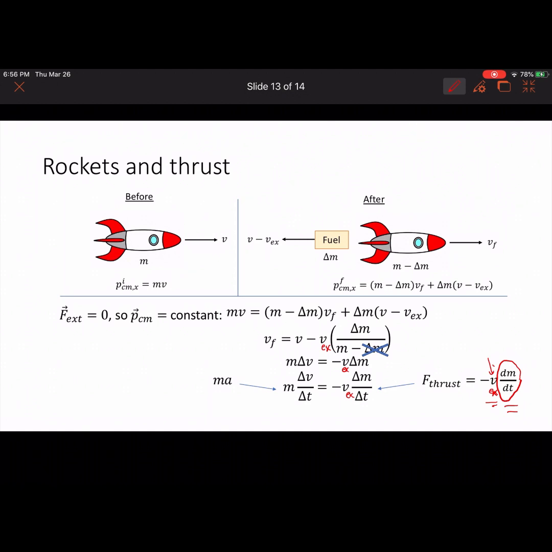And notice this negative sign is simply because I'm losing mass instead of gaining mass. So I get a new force because I'm emitting fuel out the back. The way to think of this is a bunch of different recoil collisions, one after another, as the rocket continues to expel fuel.